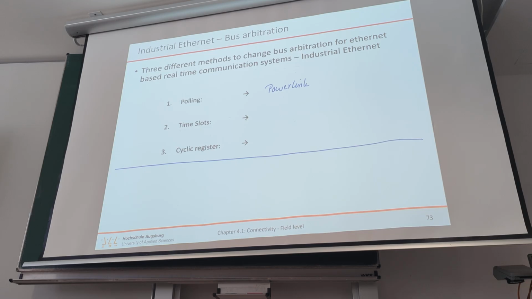Then we have time slots, that is Profinet. With time slots, you distribute a clock to all your terminals, all your endpoints, and they're all synchronized to that clock. Then you can say you have to sample your input at that time, and you distribute what you want for the outputs.